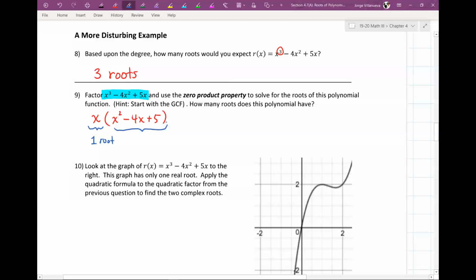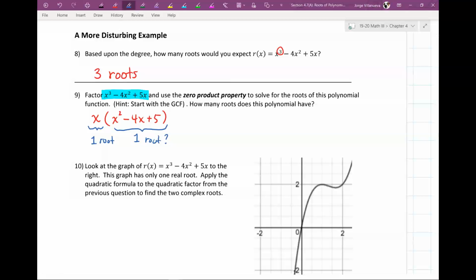But I could solve for it if I use the quadratic formula. And they actually tell us to do that in number 10. So right now, you might say this has 2 roots total, right? I'm going to put 1 root, but with the question mark, because since I couldn't factor it, if I set it equal to 0, I can't solve for it, unless I use a different way of doing it.